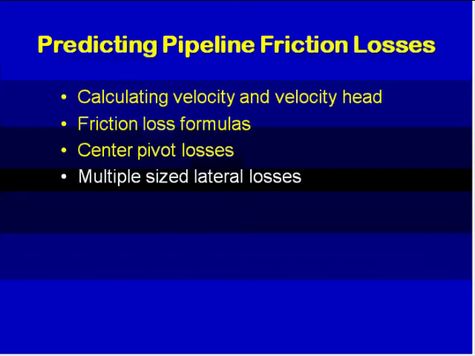This is particularly used in systems where there might be extremely long, and I'm going to say in excess of 2,000 foot long systems, oftentimes will have more than one pipe size on the system, and sometimes may have 3 different pipe sizes on the lateral to try to reduce the friction loss and maintain pressure in the pipeline while keeping the cost of the original system pretty much under control.